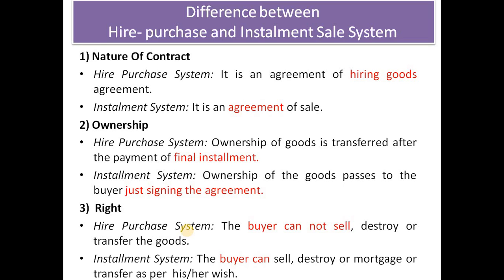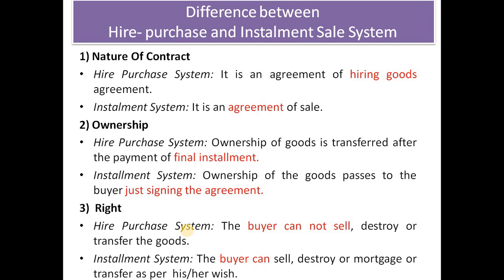That's why the agreement of hire purchase is not an agreement of sale, it's an agreement of hiring the goods. And in case of installment sale system, once the agreement is signed, the person who has entered into the agreement becomes the buyer of the goods. So that's why it is called an agreement of sale.